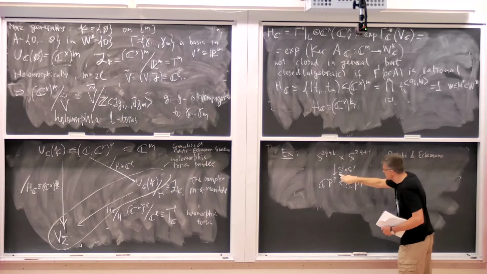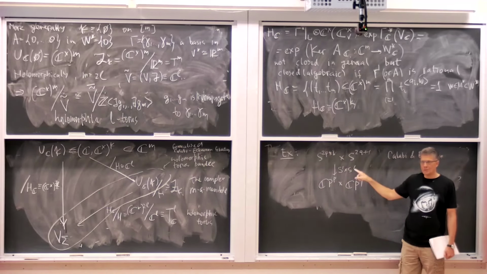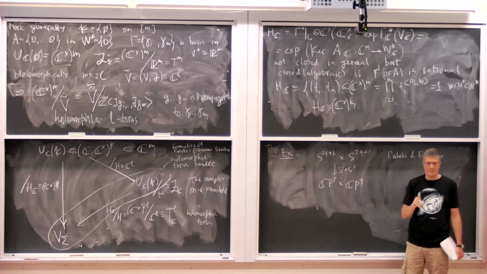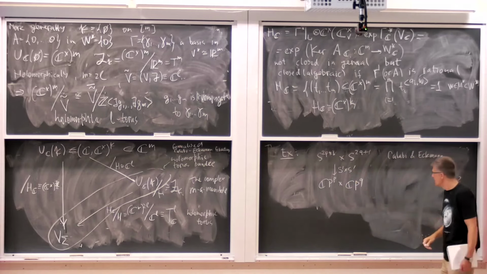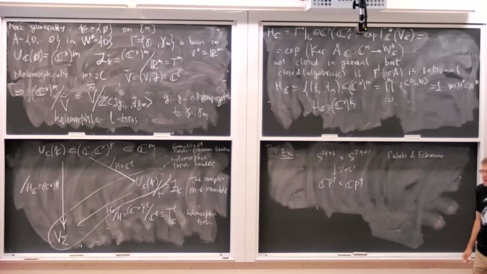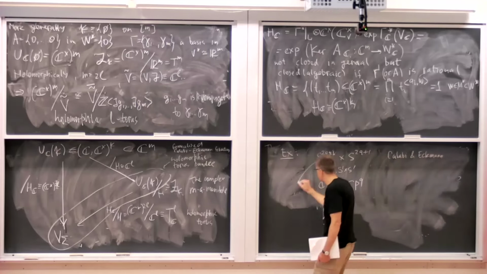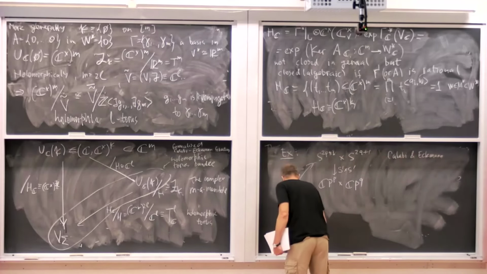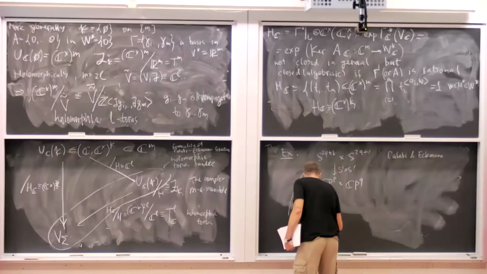observed that you can put a complex structure on each fiber with the same parameter. So you make this torus an algebraic or a holomorphic torus with the same lattice parameter along all the fibers, so that the whole thing becomes a holomorphic fiber bundle. The map becomes holomorphic. So that one is called a Calabi-Eckmann manifold.